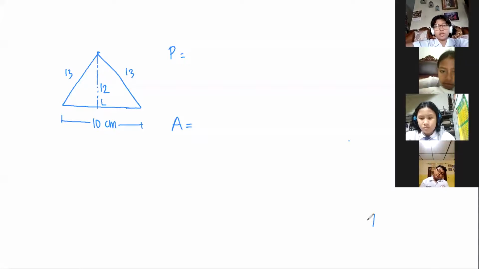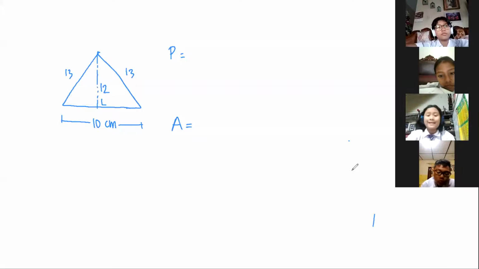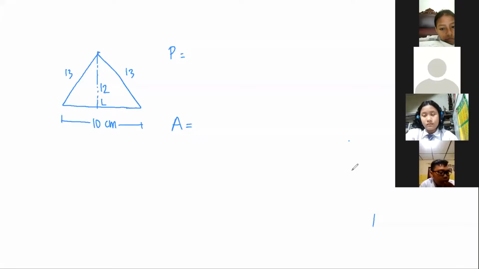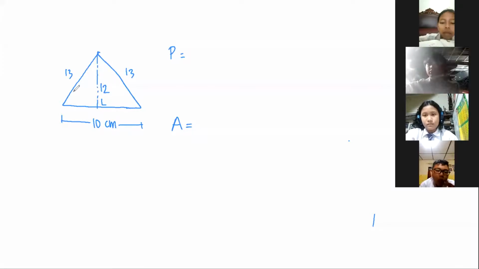Kalau misalnya perimeter, okay, you have to remember that the perimeter is the sum of the sides, all of the sides. So A, B, and C are the sides of the triangle. Itu jawabnya, okay?